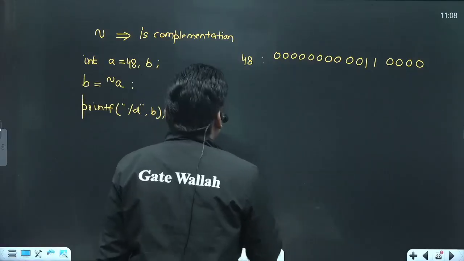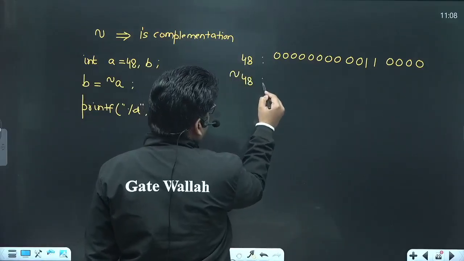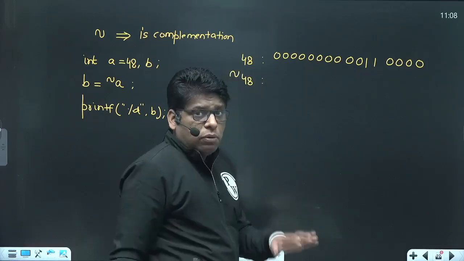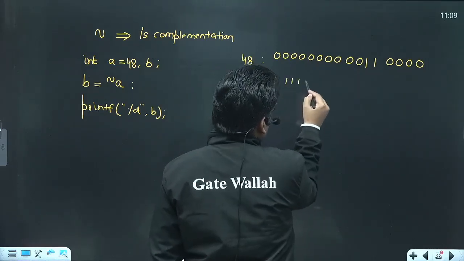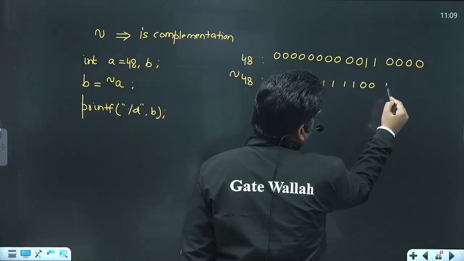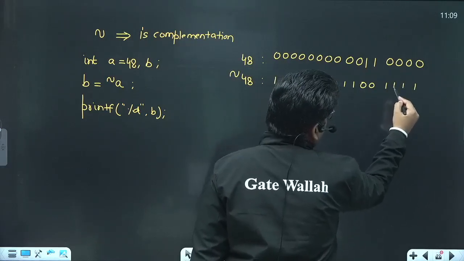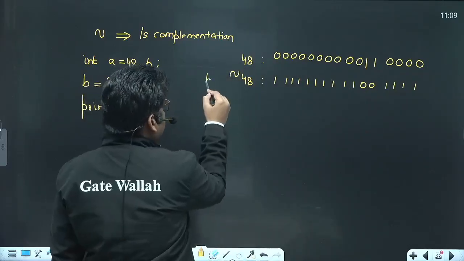Done. Sir, what is the complement of 48? Because it is one's complement, 0 becomes 1 and 1 becomes 0. Done? Done, sir. That means this is b.